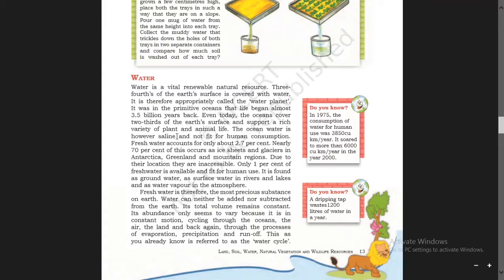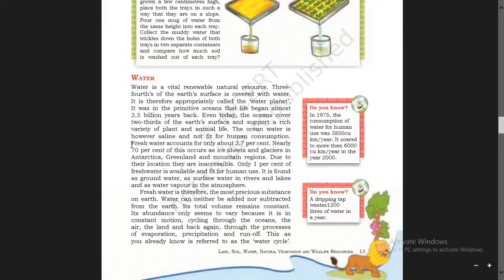Saline means mixed with salt and not fit for human consumption, as ocean water contains dissolved salt. That is why it is not fit for human consumption, and most of our crops cannot grow in salt water. So it is not suitable for growing crops also.